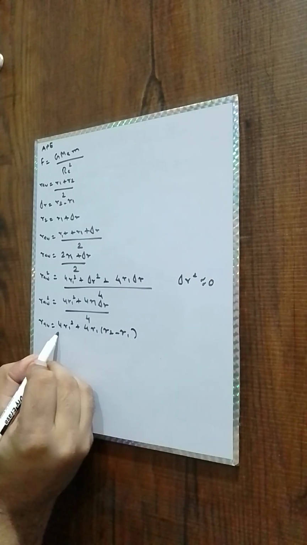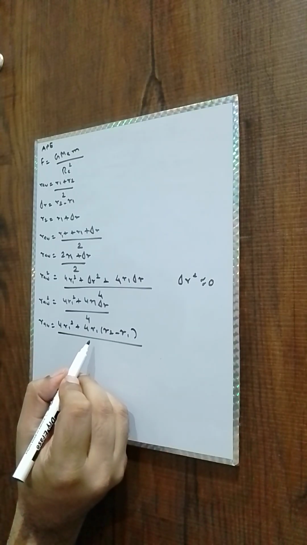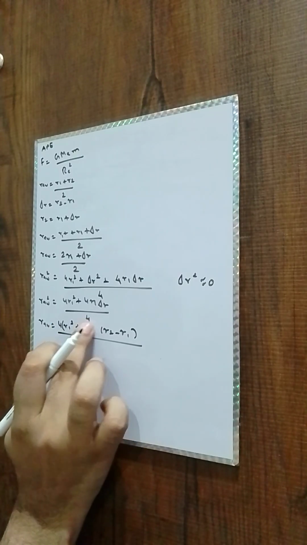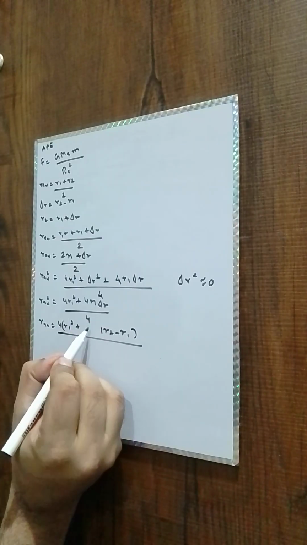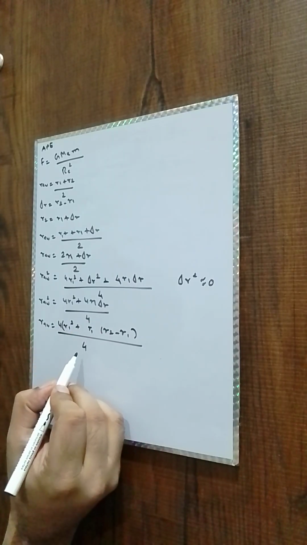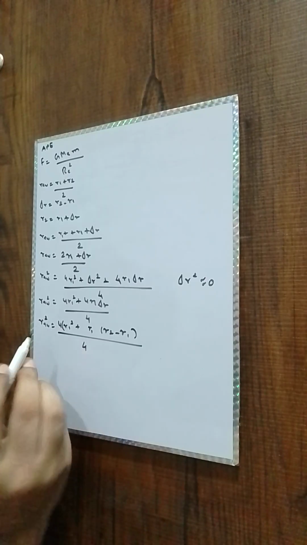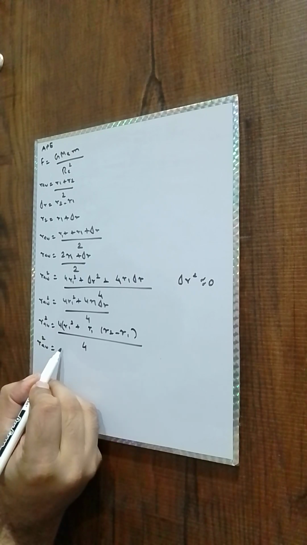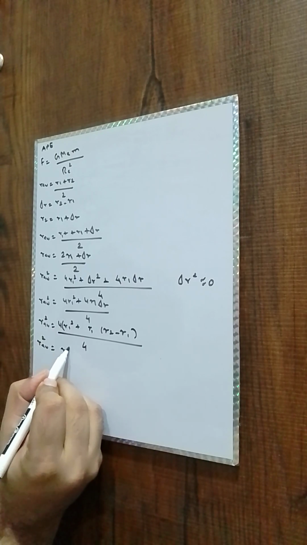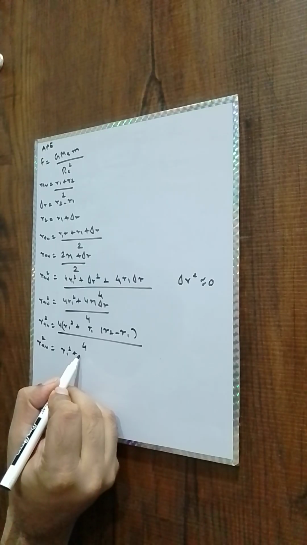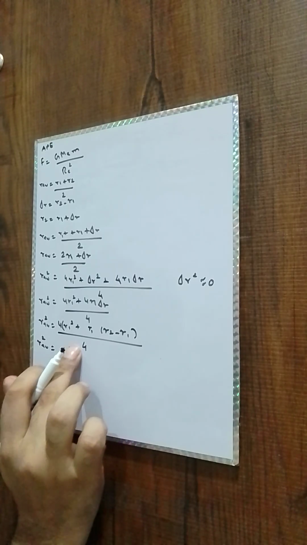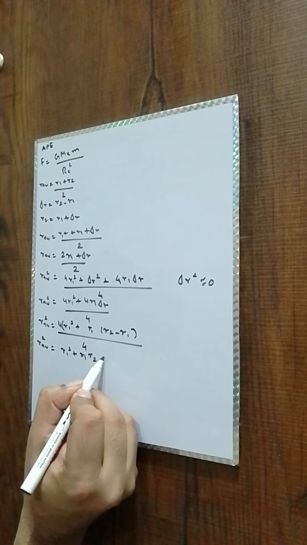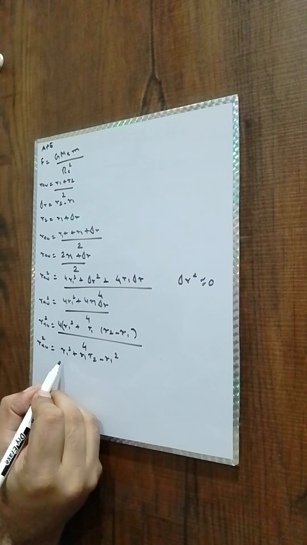We substitute delta r, and we take 4 out, and this cancels, so our average square is equal to r1 square plus r1 r2 minus r1 square.